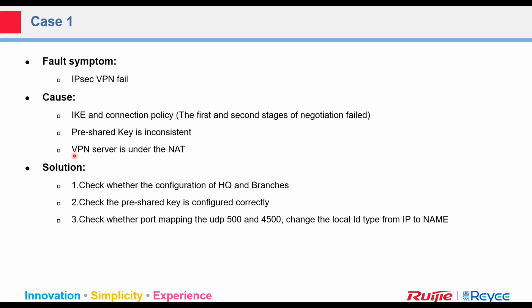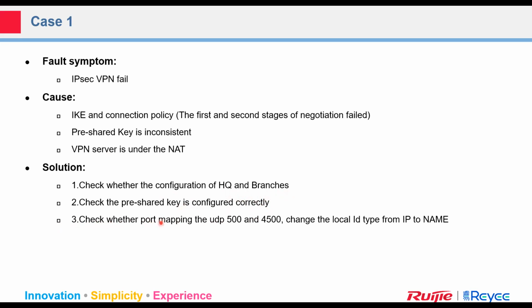And D, the VPN server is under NAT. So as a solution, we can check the configuration on the server and client. And number two, check that the preset key is configured correctly on both server and client.